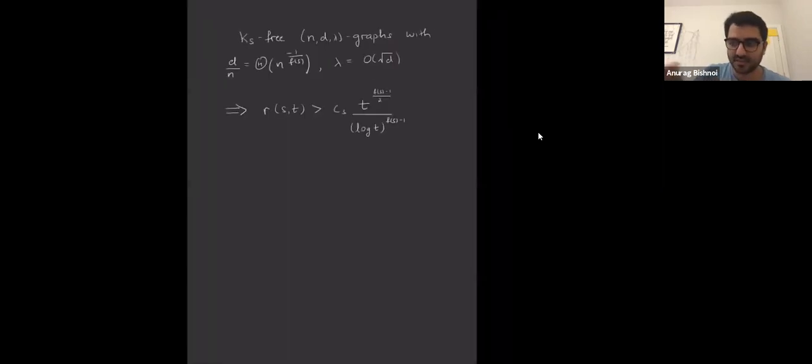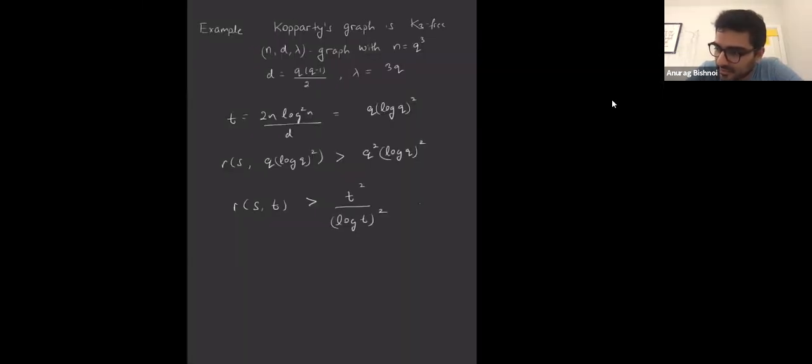It says, now let's do this for s larger than 3. So say we have some s greater than or equal to 3, and we somehow construct a K_s-free graph, which is (n, d, lambda), and d over n. So here d divided by n was something like q, which was n to the minus 1 over 3.